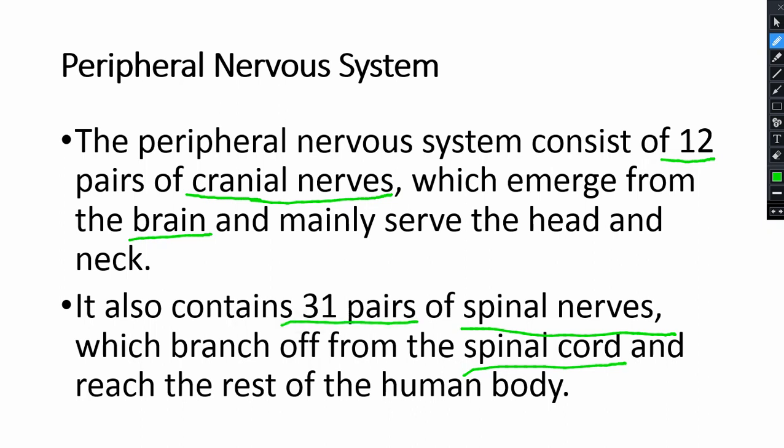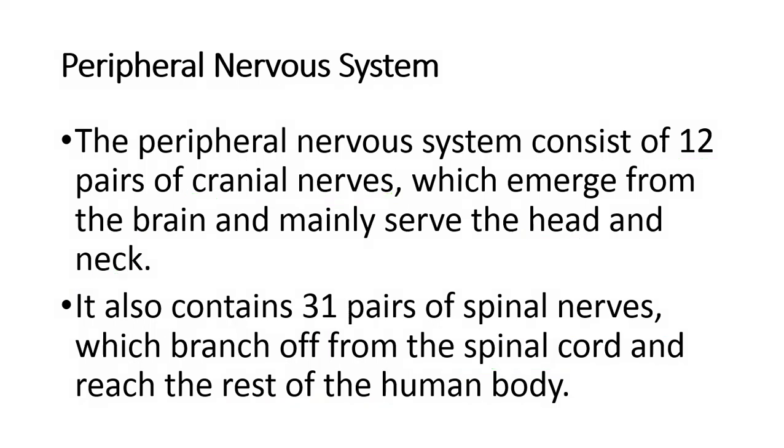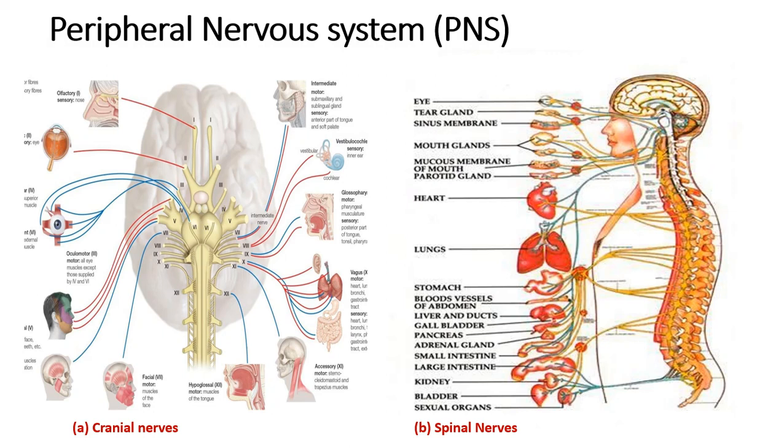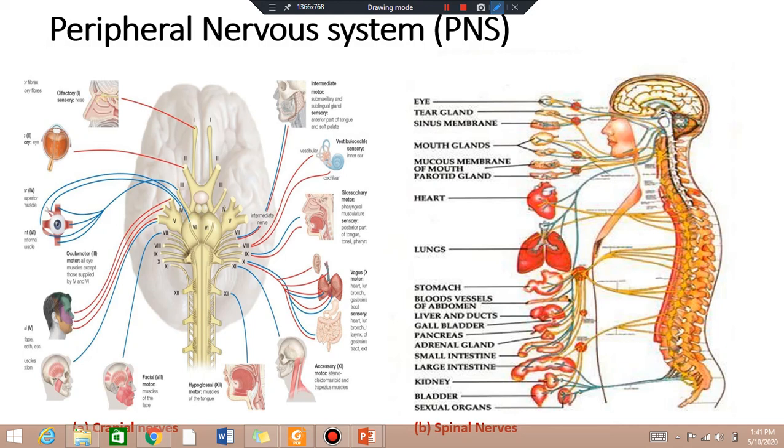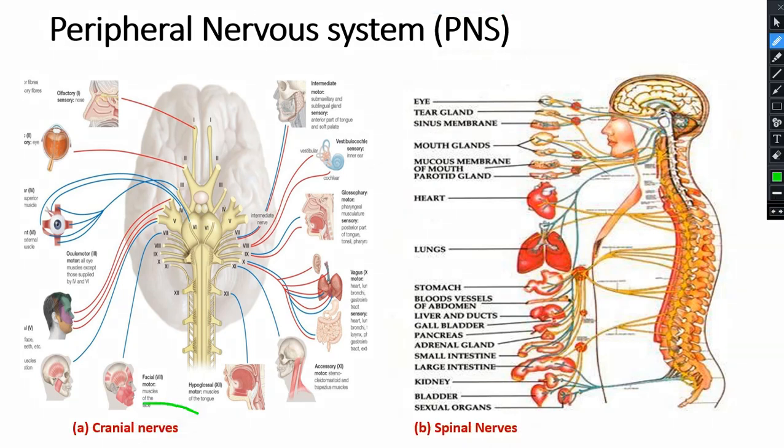And the third difference is that cranial nerves are only present in the head and neck region, while the spinal nerves are present in all parts of the body. Now learn it with the help of a diagram. So here we have two diagrams. One is cranial nerves and the other is spinal nerves.